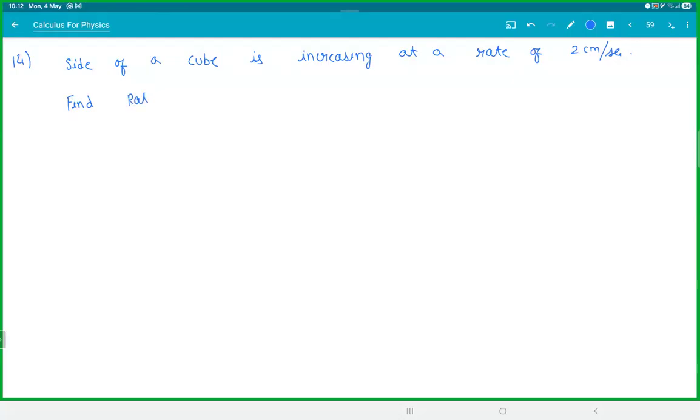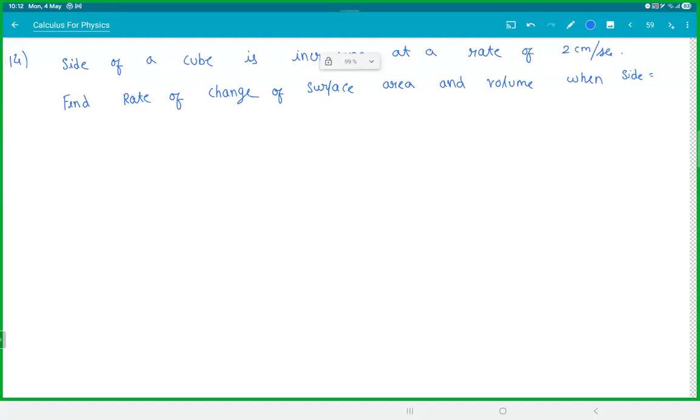Find rate of change of surface area and volume when the side is equal to 20 centimeters. There, same question, I just changed the shape and the values there. So when the side of the cube is 20 centimeters, find the rate of change. So let's get this.